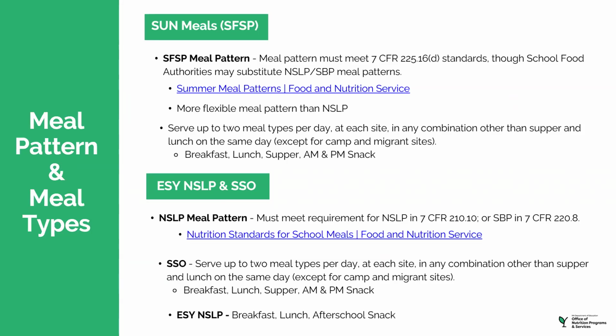For SSO and ESY, these sites must follow the NSLP and SBP meal pattern. SFSP and SSO sites can serve up to 2 meal types per day at each site in any combination other than supper and lunch on the same day. ESY and SLP can serve breakfast, lunch, and after-school snack.